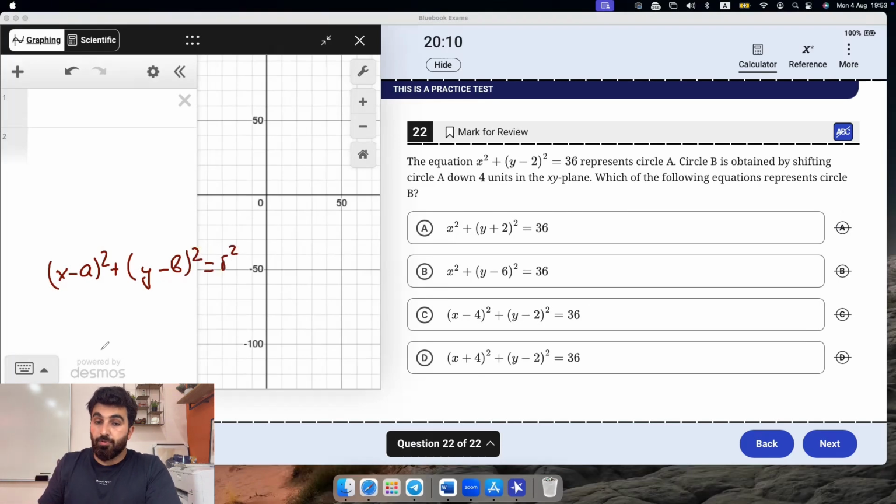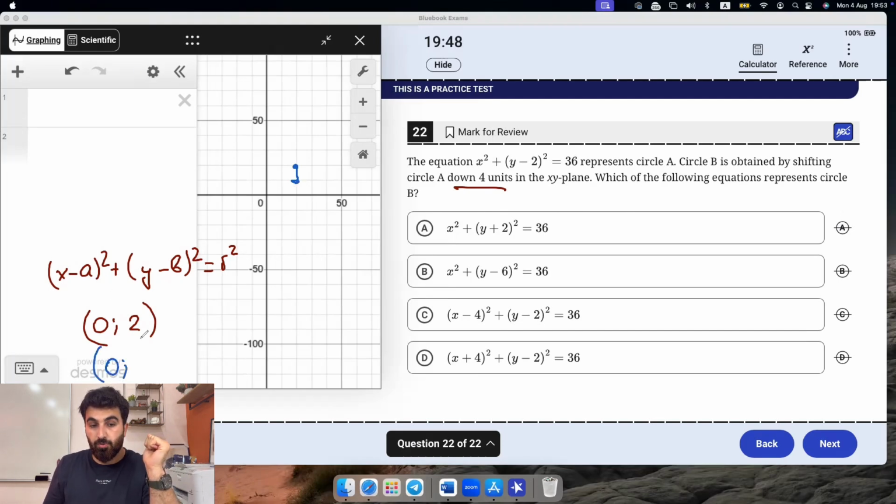From here you see a is 0, b is 2. The center of the circle is 0 for the x coordinate, 2 for the y coordinate. And we are going to shift it 4 units down, right? If you shift the point 4 units down, the x coordinate doesn't change, but the y coordinate decreases by 4.